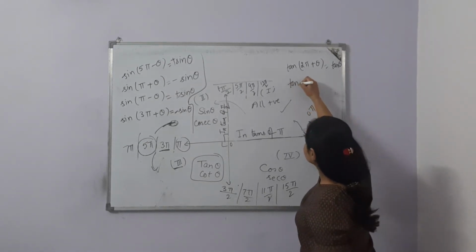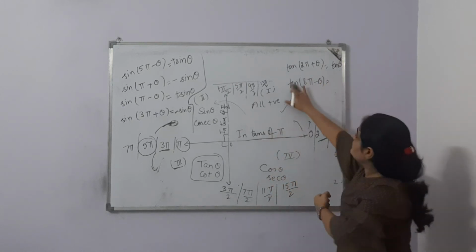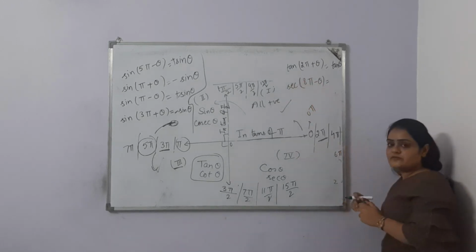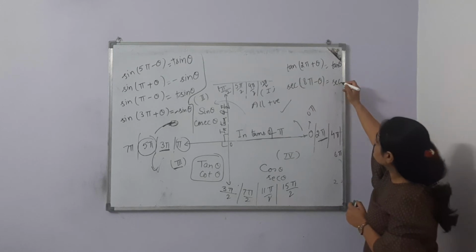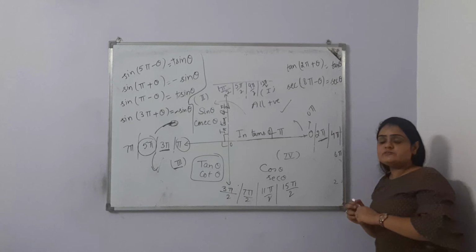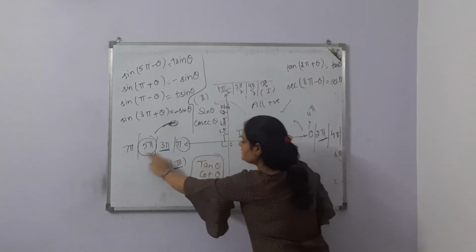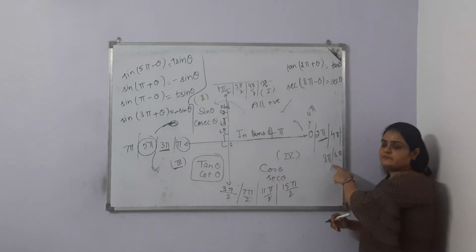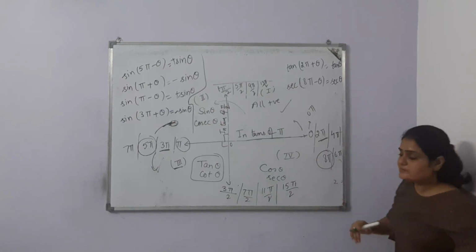If I am having secant 8 pi minus theta, of course the angle is in terms of pi, so secant will remain secant. Where is 8 pi? Of course 7 pi, then 8 pi will come here. 8 pi minus means clockwise direction.